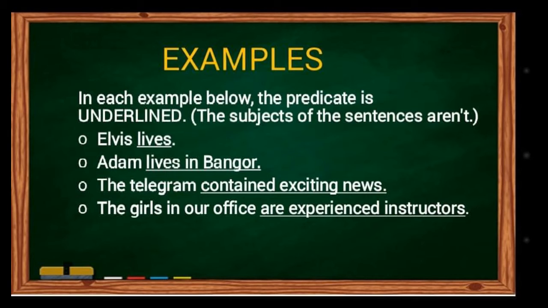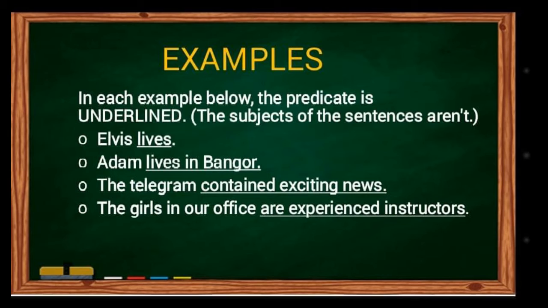In sentence number 1, Elvis lives. So lives is the predicate and Elvis is the subject. The second example is Adam lives in Bangor. So the underlined words are lives in Bangor, which means that is the predicate. Adam is the subject.